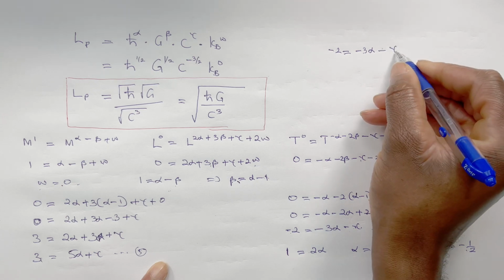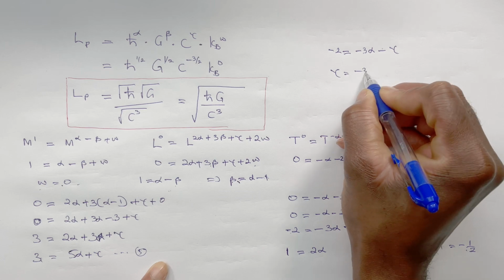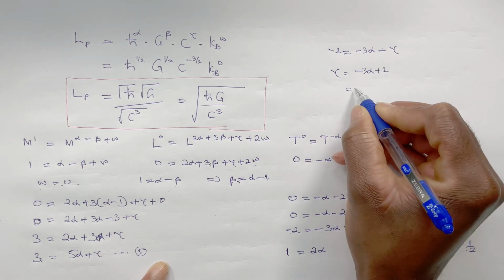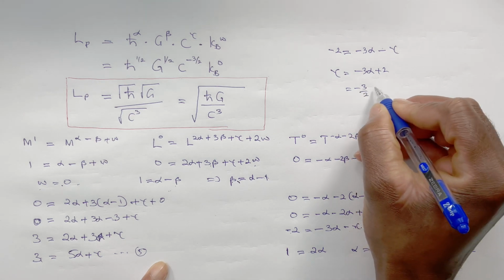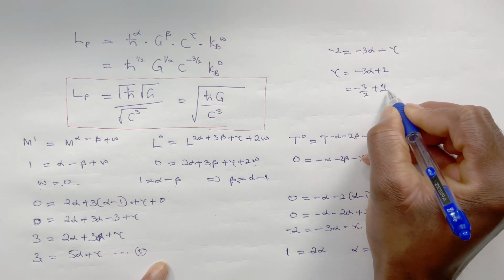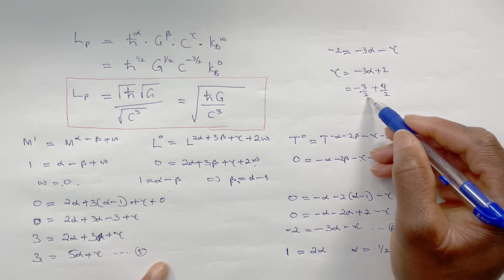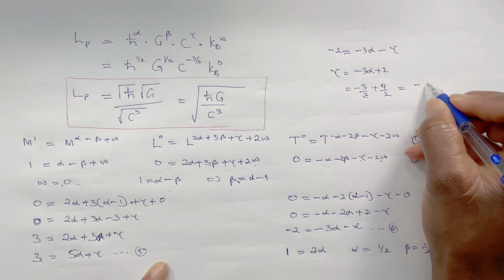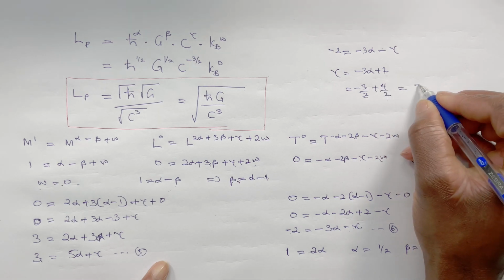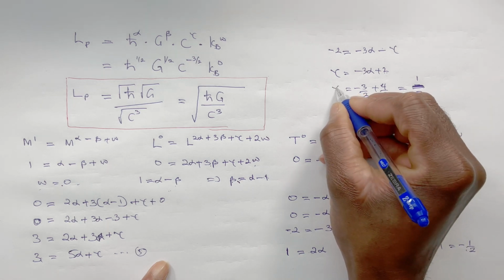So if I take gamma to the other side, gamma equals minus 3 alpha plus 2. Alpha is a half, so minus 3 over 2 plus 2, which is 4 over 2, making them the same denominator, and that will give minus 3 plus 4 is 1 over 2, and gamma is a half.